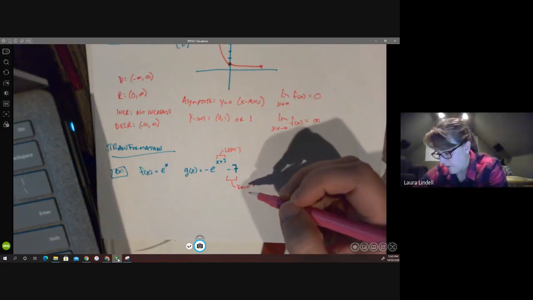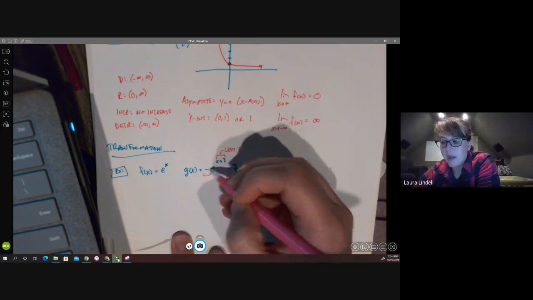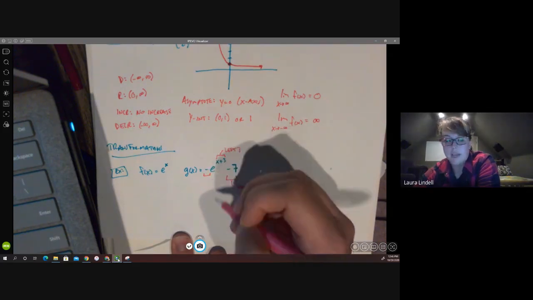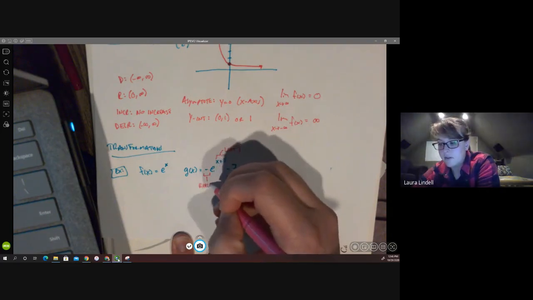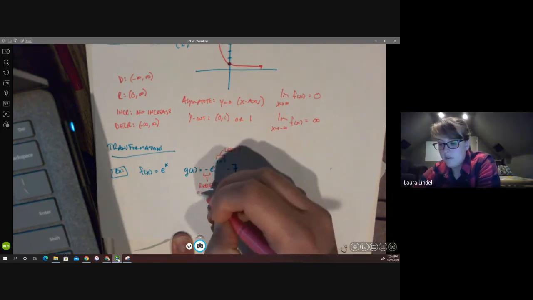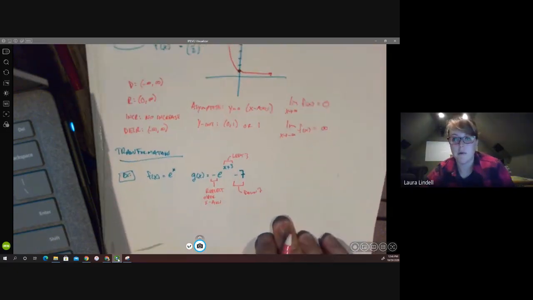And then the negative is reflecting it over the x-axis. Since it's a negative outside with the y, the negative is not up in the exponent. So this reflects over the x-axis. So those are all the transformations that's happening with that one.